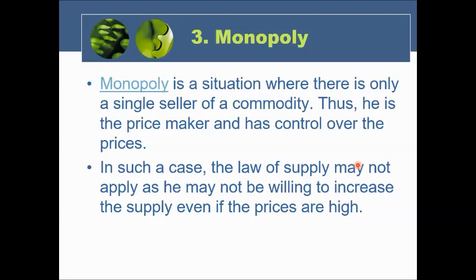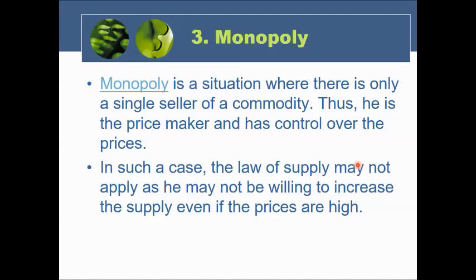And next we have the monopoly. So monopoly, take note here, is where there is only a single seller of a commodity. Thus, he is the price maker and has control over the prices. So it is also not applicable to the law of supply, since you are the only seller of the commodity, you have the option or an opportunity to increase the prices.